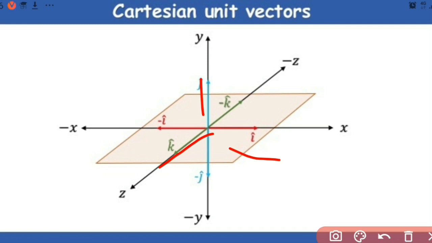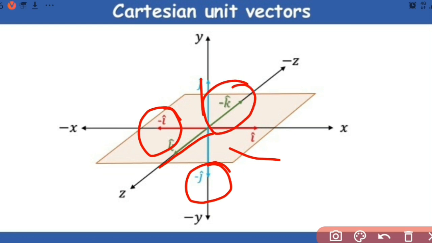Their magnitude will be 1 each. Naturally the unit vector along negative x direction will be taken as negative i, that along negative y direction as negative j cap, and that along negative z direction as negative k cap. That negative sign we have to use whenever the direction is reversed. So the orthogonal unit vectors are i cap, j cap and k cap.